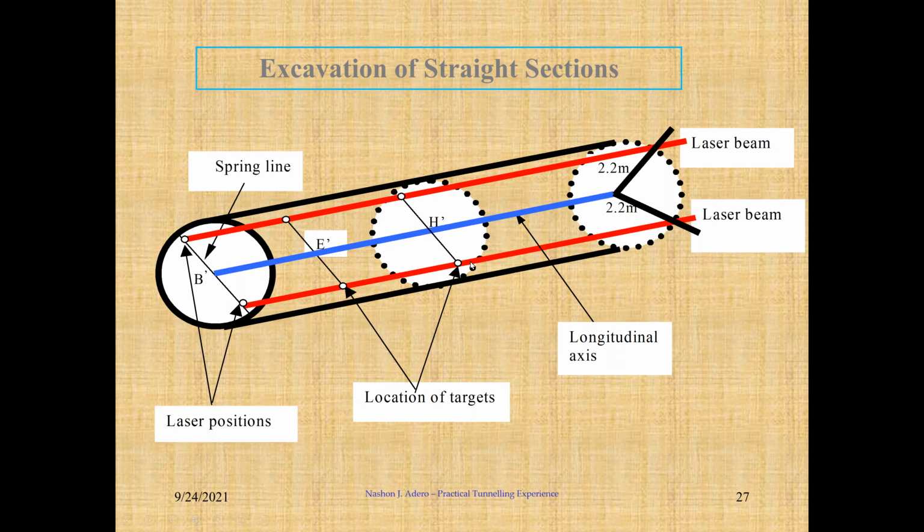You set out that at a given chainage, and this one must be diametrically opposite it, on this other side. So if you have that laser machine here, after doing your calculations, you get the bearing. So based on the bearing, you have to set up the bearing and ensure that it goes in the right direction.